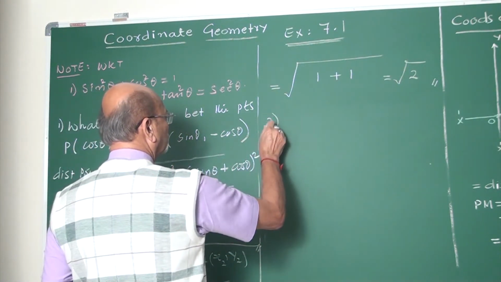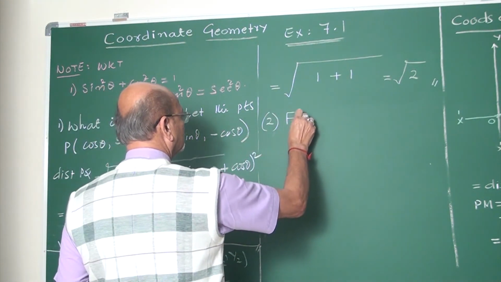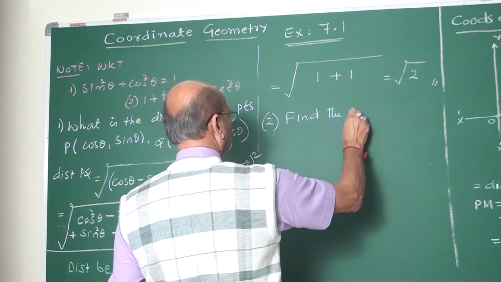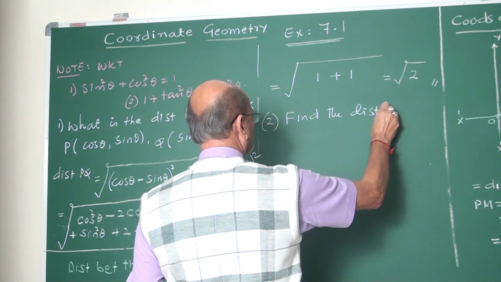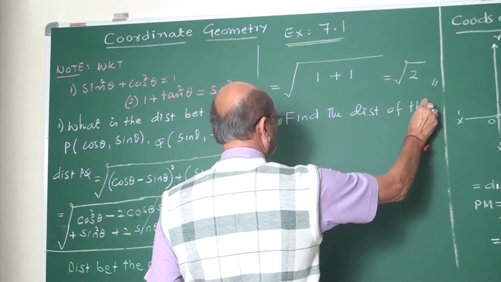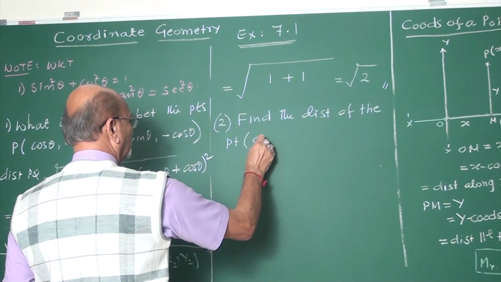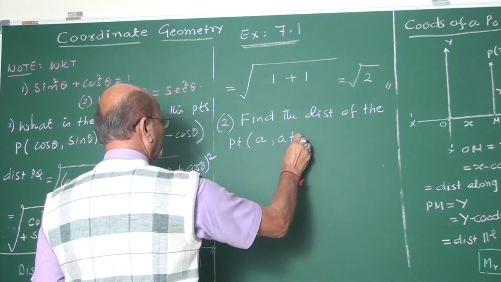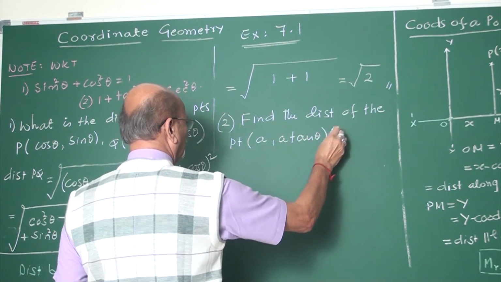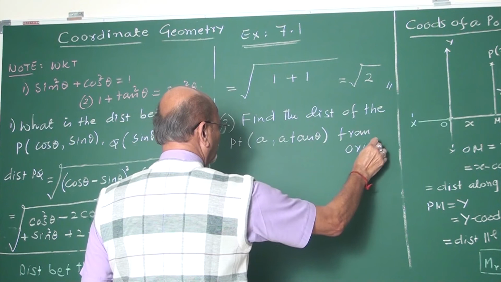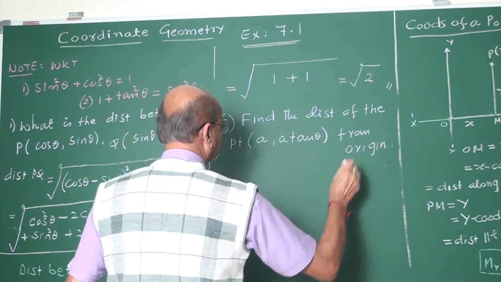Second one is this. Find the distance of the point A comma A tan theta from the origin. Yes.